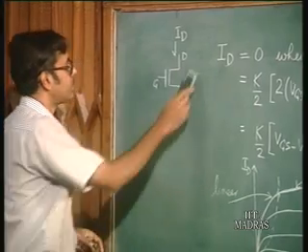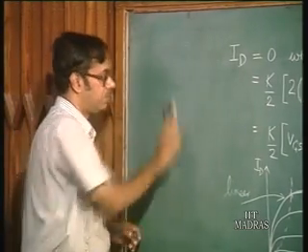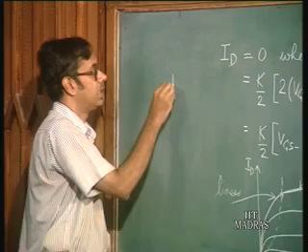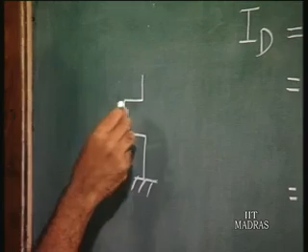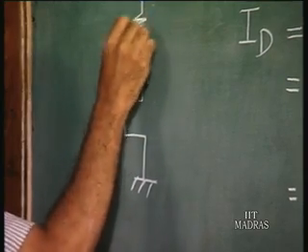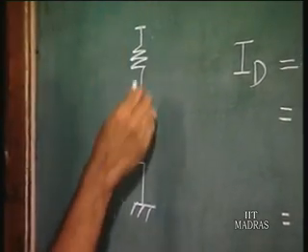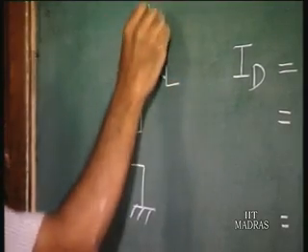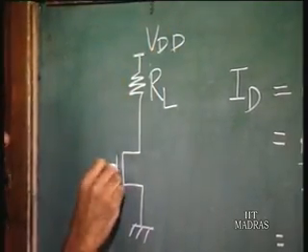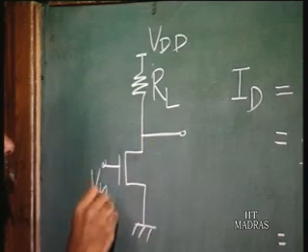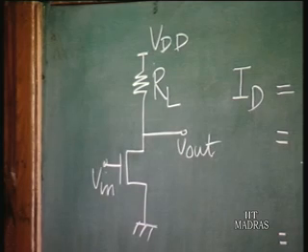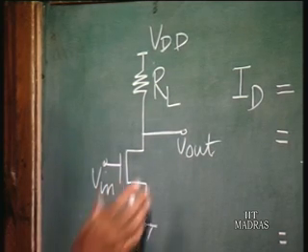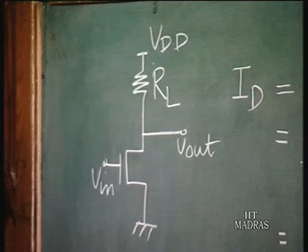Well, the most obvious and the simplest circuit which one can think of is having the MOSFET here, the source is grounded, and you have a resistance here, the load resistance, connected to the supply voltage, and you have an input voltage here, and this is the output voltage. So, this is the circuit of a MOS inverter.